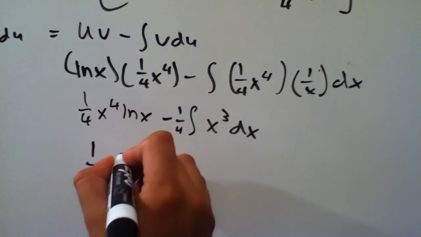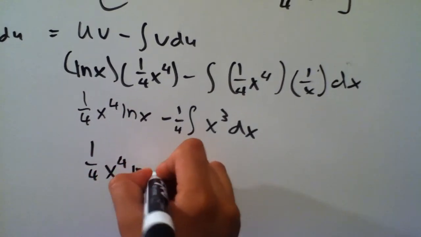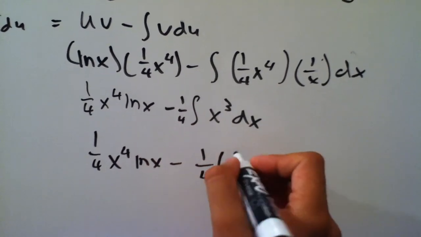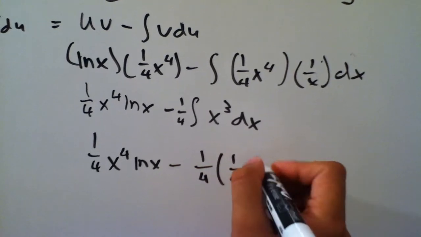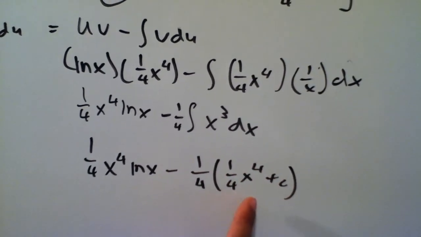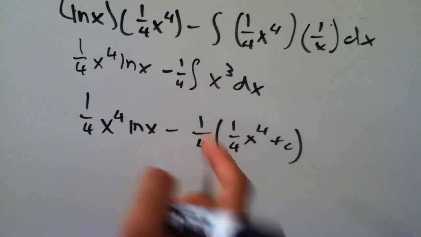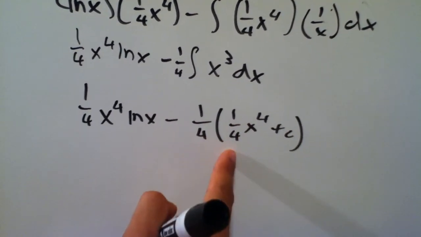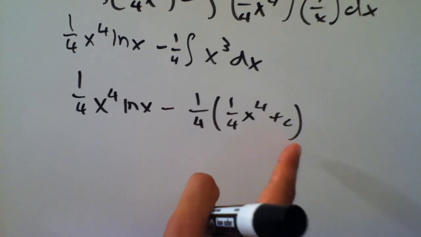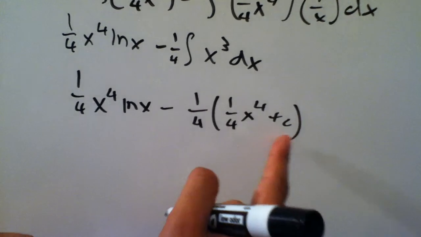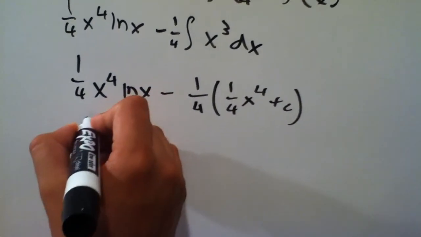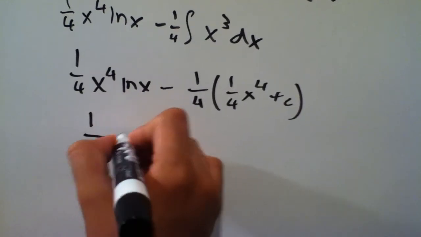So this is not totally simplified yet, but it's close to our final answer. This is 1/4 x to the 4th plus c, and now when you multiply the 1/4 in, the first term is all that really matters, because the second term being c, 1/4 c is still a constant, so we can just leave it as c.